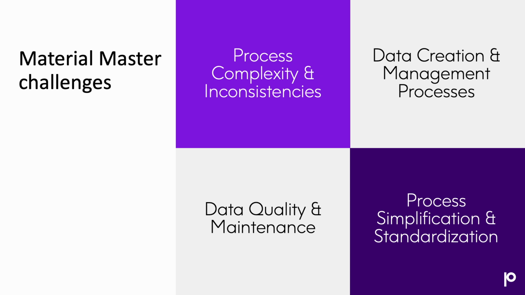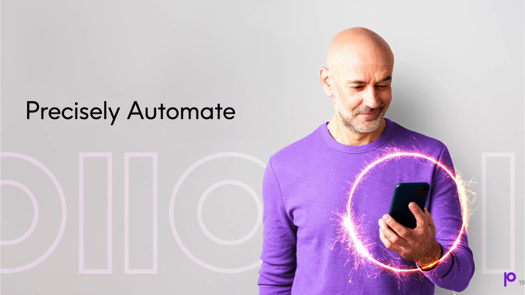And one of the best ways to do that is through automation. Because it's going to standardize your processes, it's going to standardize your data formats, it's going to give you an auditable record of that process, and it's going to help you govern that data in a way that ensures you've got quality, consistent data every time.